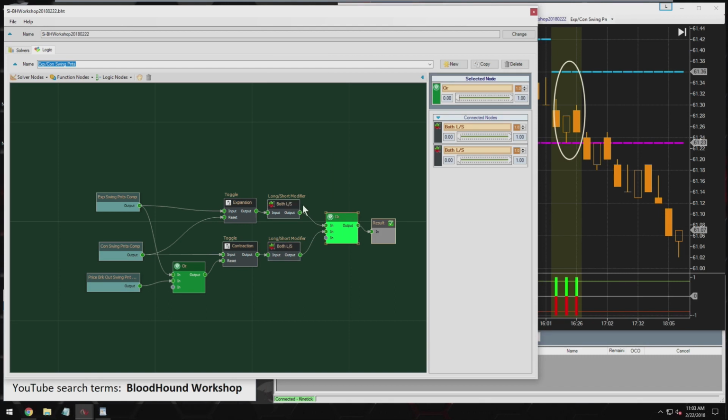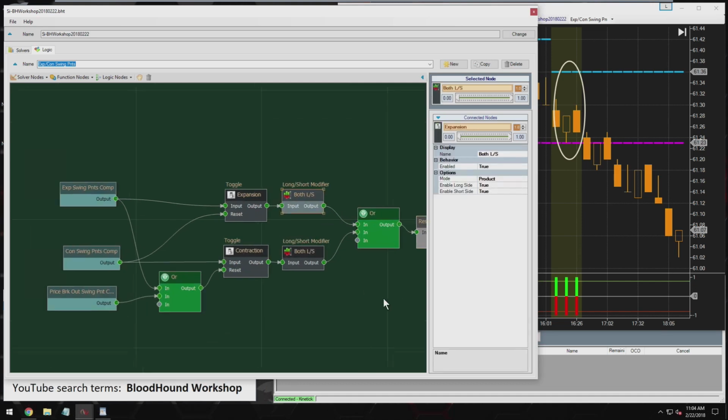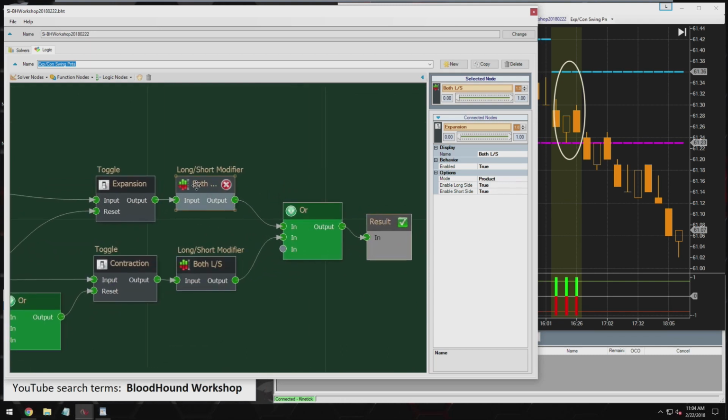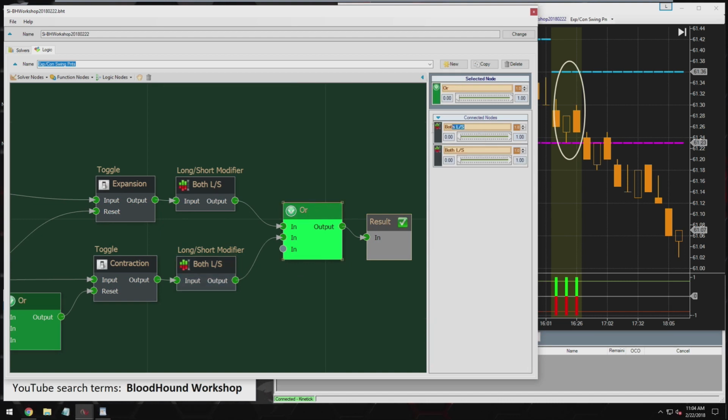You see the names that we see down here, they both say long short. That's the name of these function nodes. So let me zoom in here. The names of these function nodes show up here, so I'm going to adjust these names a little bit.